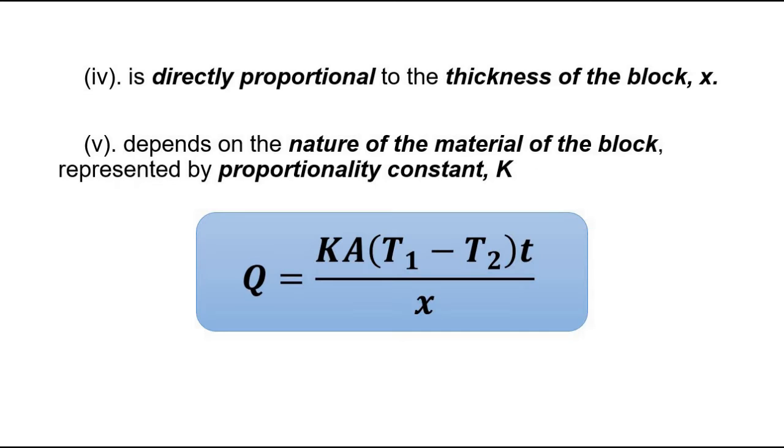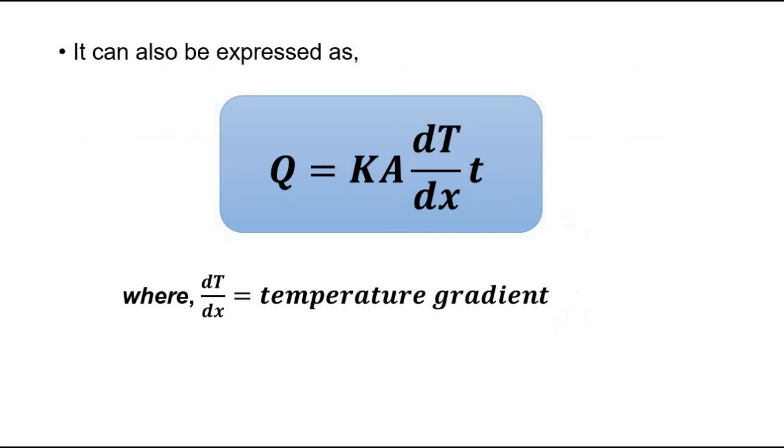So this is heat flow, and it can also be represented as Q is equal to K A dT by dx into T.